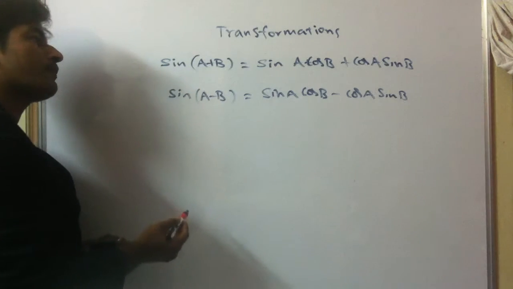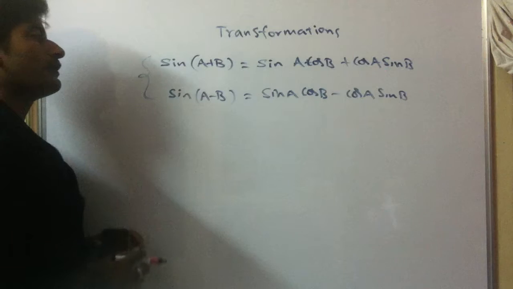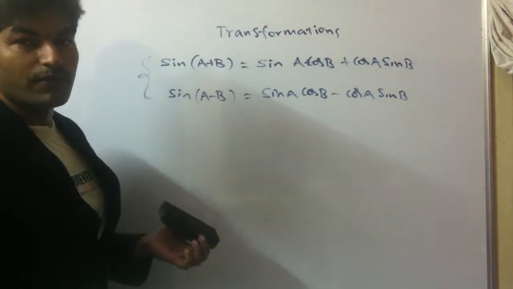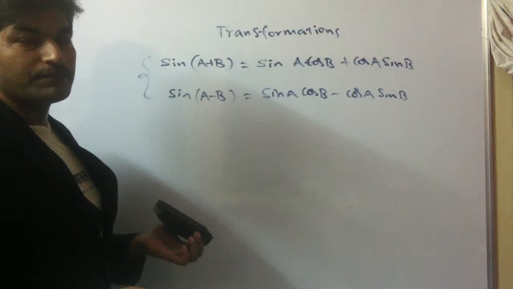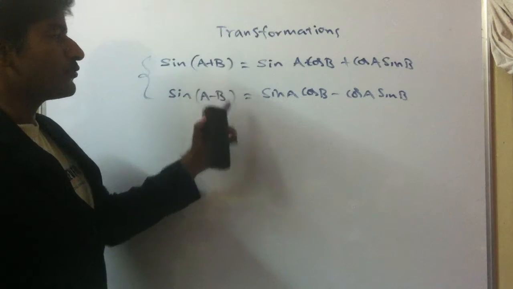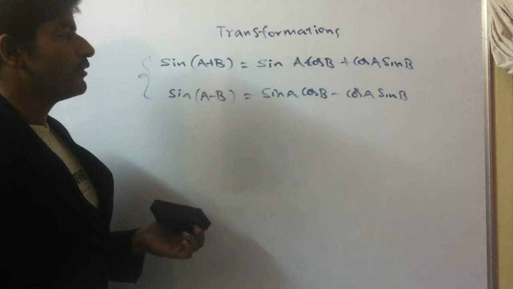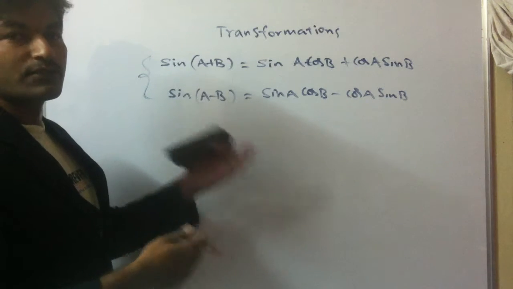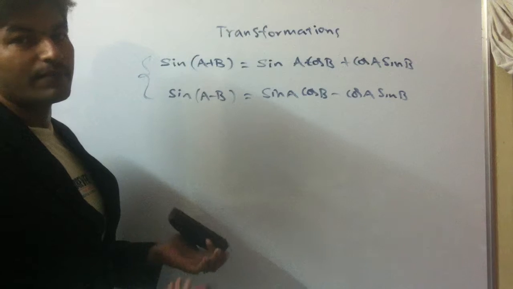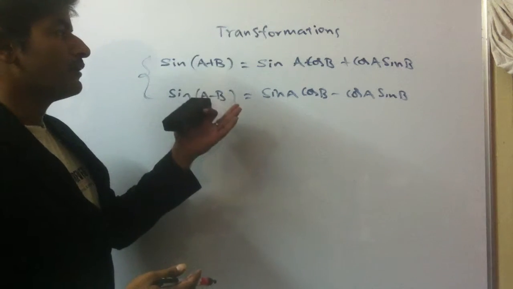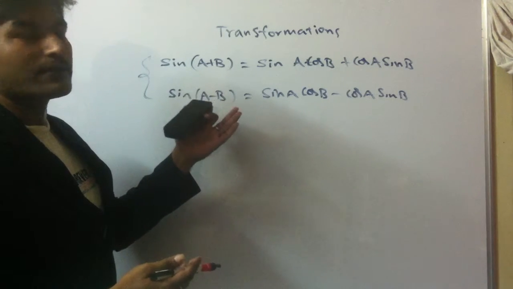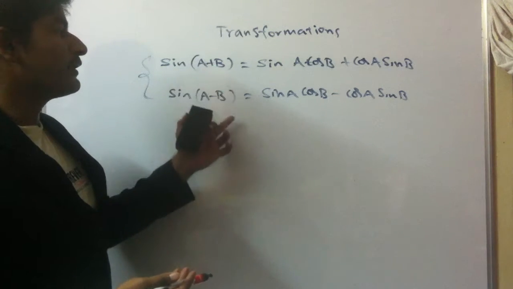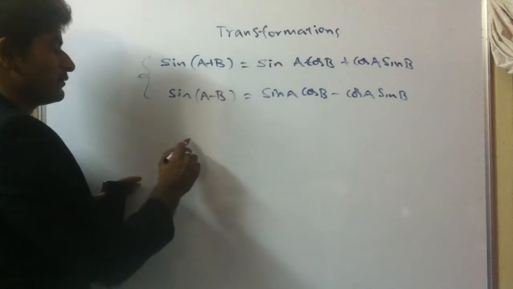Next, you have to observe what we can derive from these two formulas. From these two formulas, we can add them, subtract them, and multiply them. What is the outcome when we add these two quantities together?